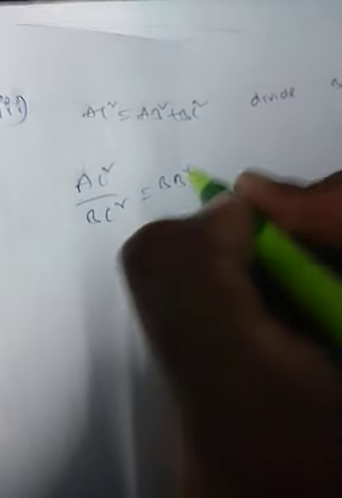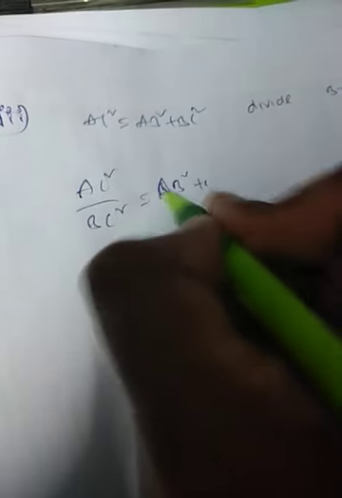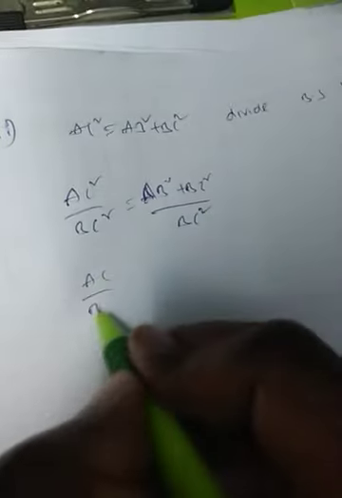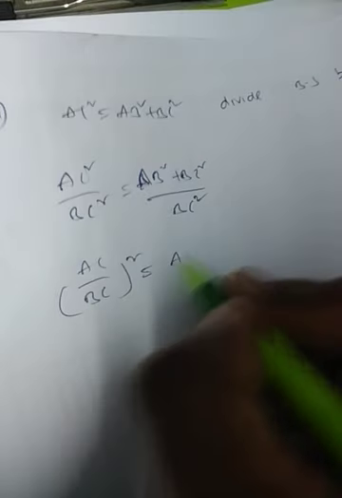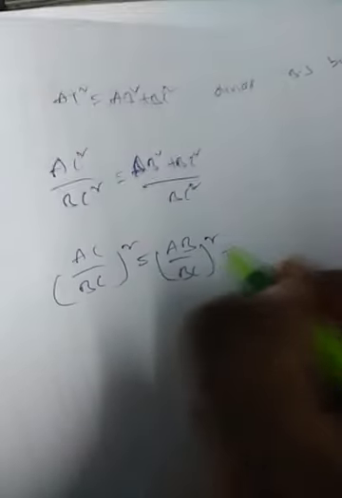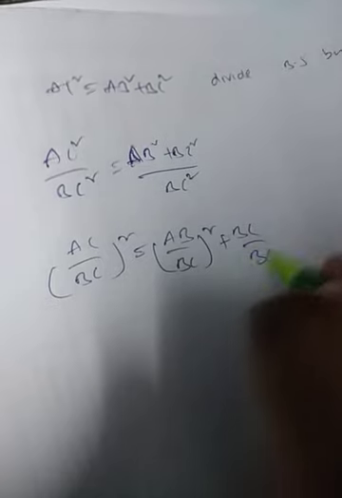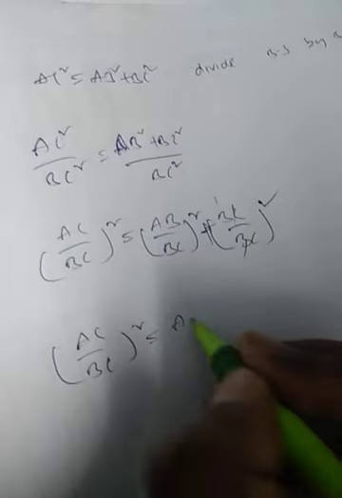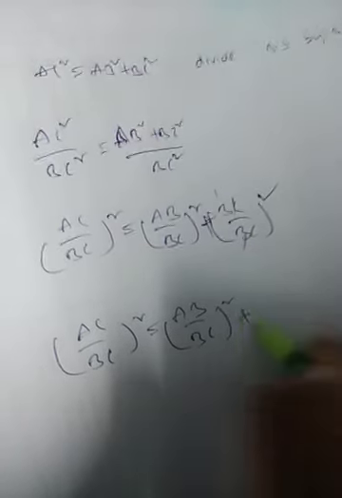AC square by BC square is equal to AB square plus BC square by BC square. So that will be (AC by BC) whole square is equal to (AB by BC) whole square plus (BC by BC) whole square. BC cancels, you will get 1 square. So (AC by BC) whole square is equal to (AB by BC) whole square plus 1.